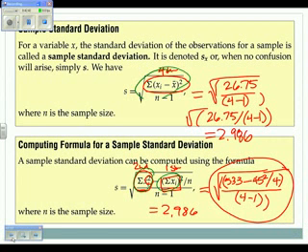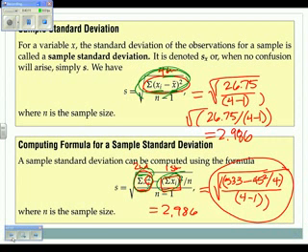But for the top one, we have to figure out what x bar is, and then subtract x bar from each of the x values, and then square that. So actually getting this fourth column is more complicated than getting the first column, which is really given to us, and getting the second column, which is simply squaring each of those values.